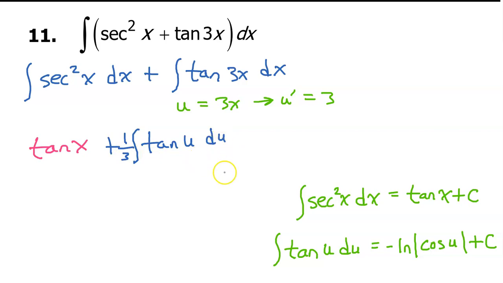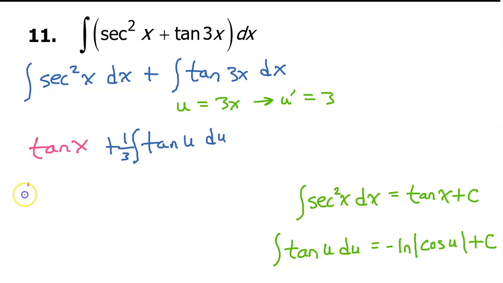Now I can use the second memorized rule that I mentioned, and I'm going to replace the integral of tangent u with negative natural log absolute value of cosine u plus c.